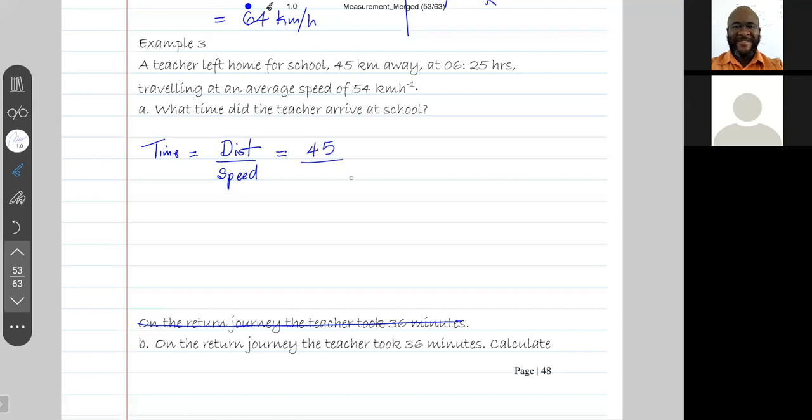The speed was 54 kilometers per hour. So the time is, all right, 9 into this is 5, 9 into this is 6. It's 5/6 of an hour. All right. And if I multiply this by 60, I'm going to get 50 minutes.